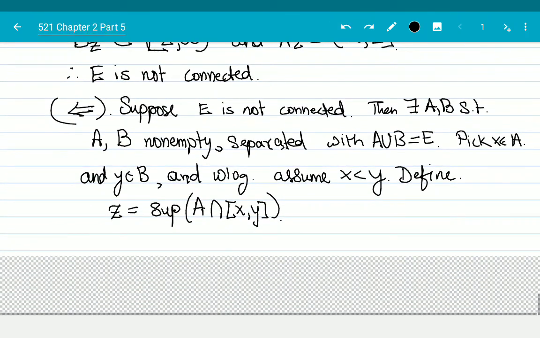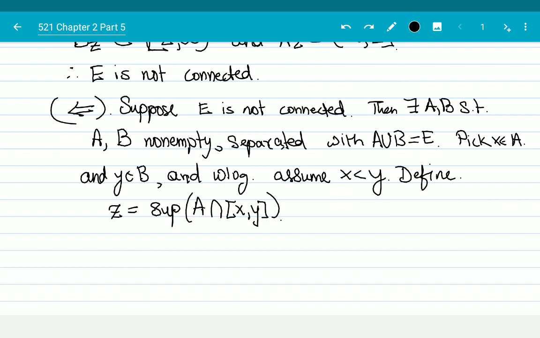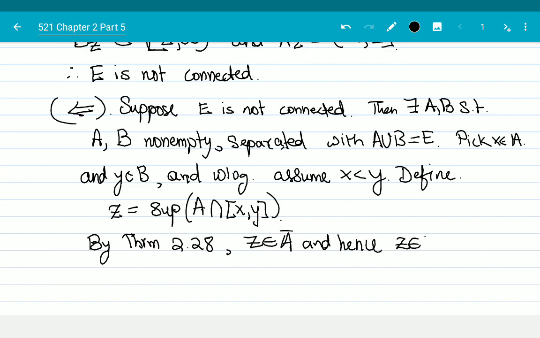Well, now, because it is an intersection of a closed set, by theorem 2.28, Z belongs to A bar, and hence, as these sets are separated, Z does not belong to B.